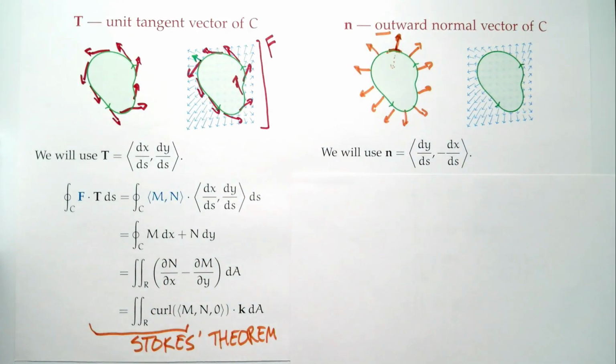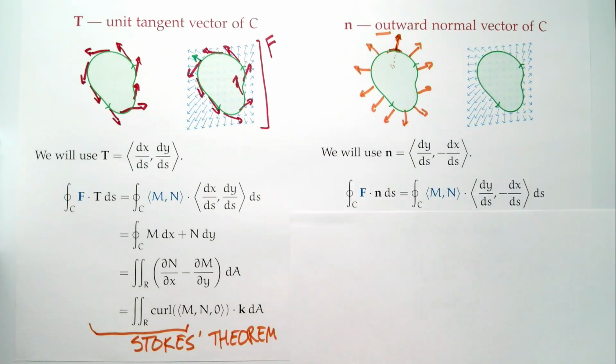Now, the good news is we don't have to know that, and we just say, let's just apply it. So we apply the integral, M, N dot dy ds, minus dx ds, and we get down to this point, minus N dx plus M dy. And the question is, how do we attack that integral? What tool do we use?